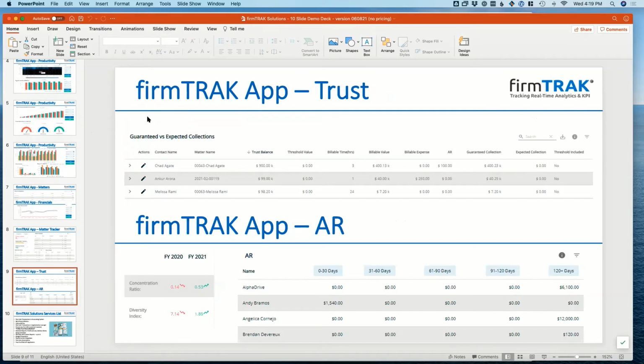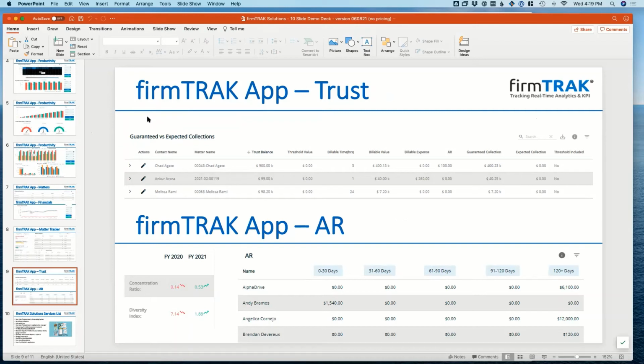Under the firmTRAK app trust tool, we provide an assessment of your trust balance, if that's what you decide to use. And if you don't have a trust balance or you have some other number that you're comfortable with, we identify that as being the threshold value.